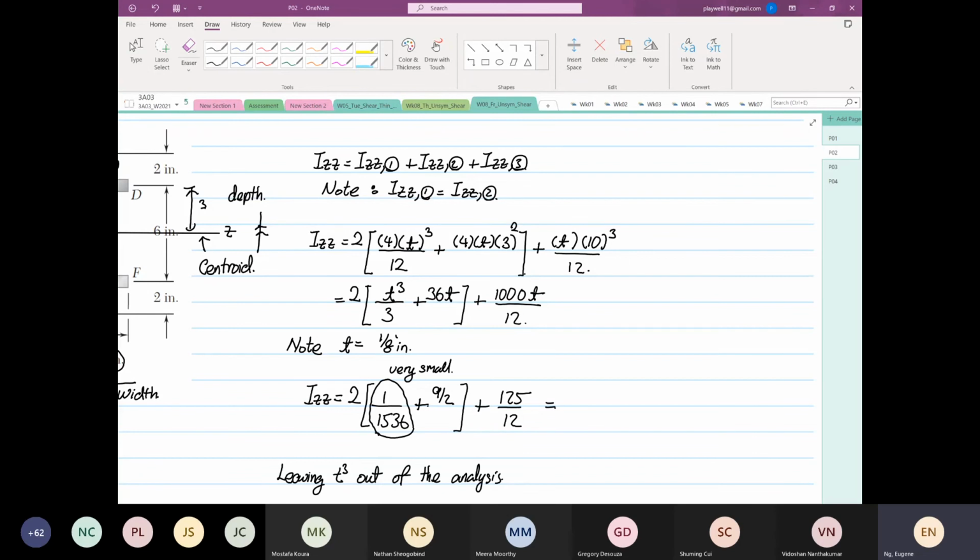That is very good. So we get 19.417, 19.418 in fact, inches to the power of 4.